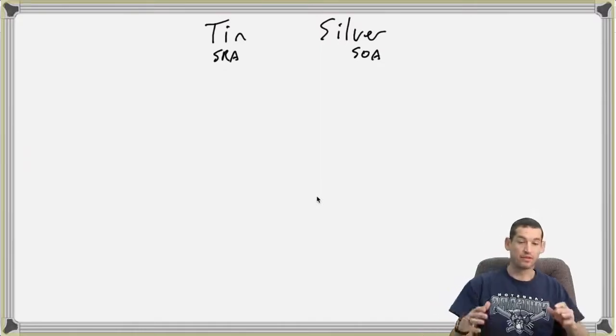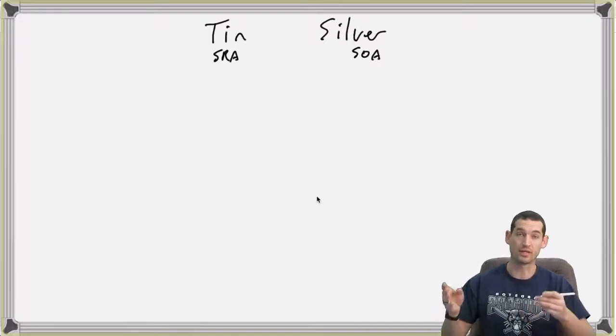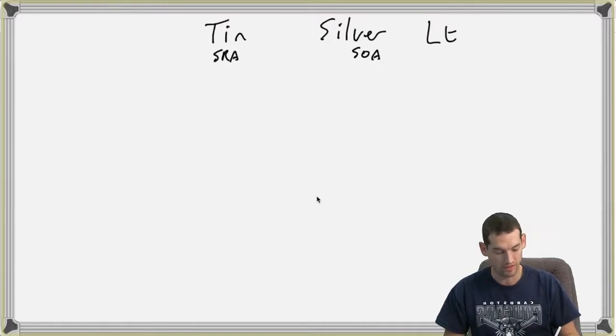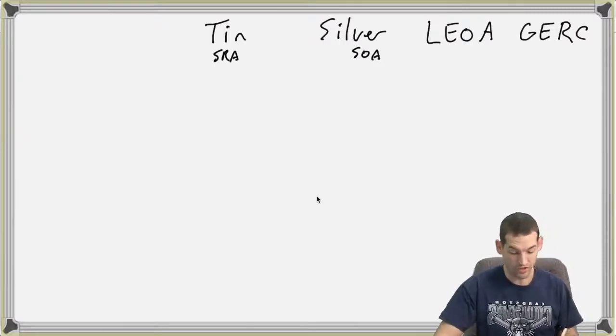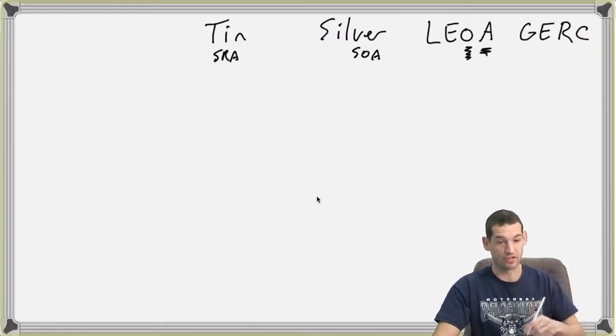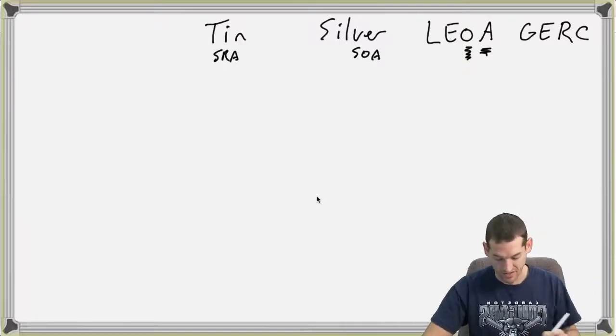Remember, anode always comes first, so we want to start with what's being oxidized. Remember that LEO the lion goes GER. So if we want to start with the anode, I need to start with the reducing agent. In this case, that's the tin.